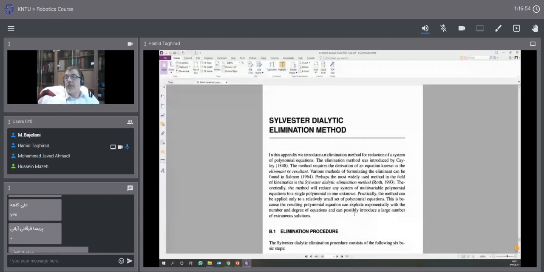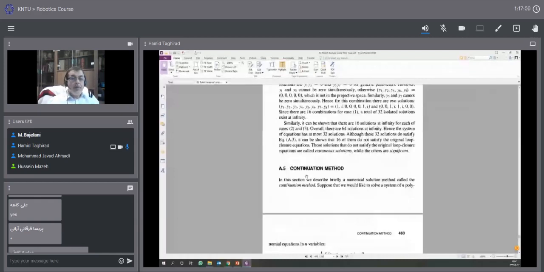This continuation method is one typical way to put the inverse kinematic problem into polynomial equations and find the solution for that. These are very interesting issues, quite advanced methods that you can find in here.